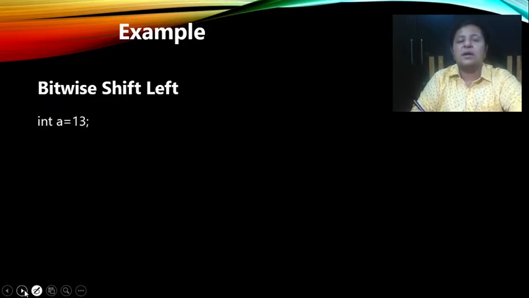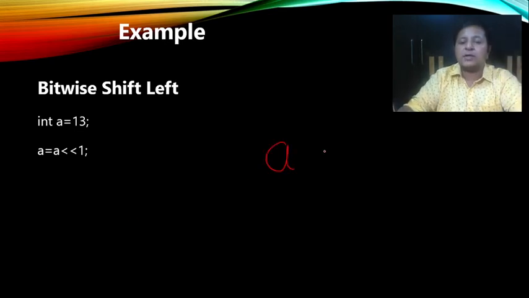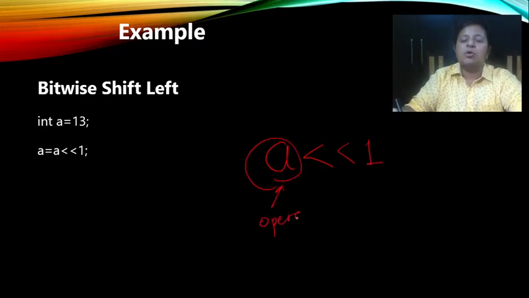Let us take an integer a, which is 13, and we do a is equal to a left shift by 1. If you see the broad aspect of it, how do we use the left shift operator? This is the operand, that is, whom to shift. We have to shift a.